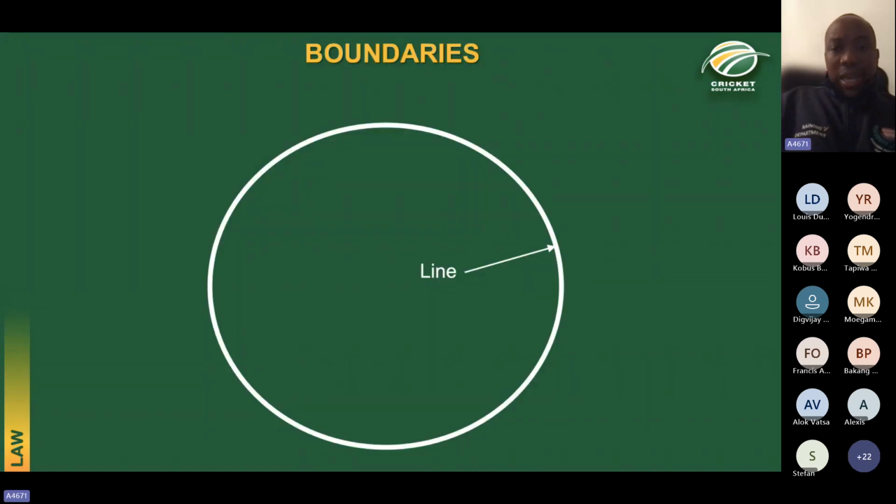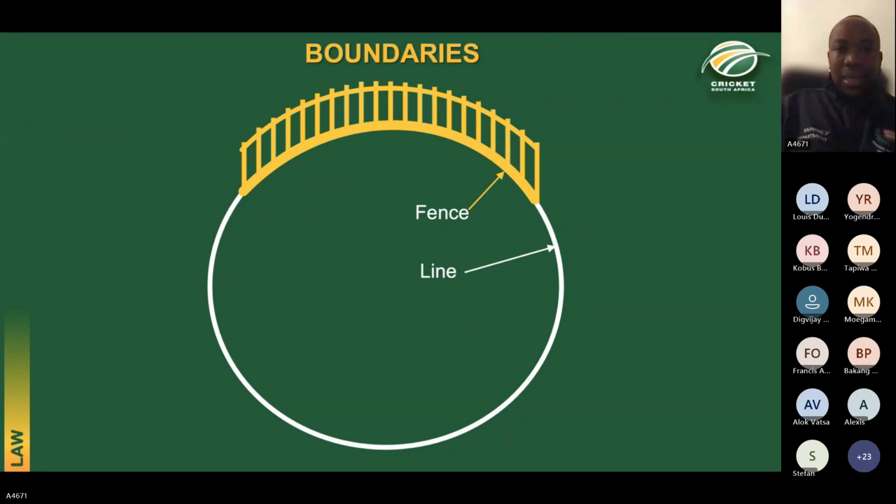Here we go. So as noted in the previous slide, the inside edge of the boundary line is the boundary. If we have a fence, then the fence should be along that boundary line, and the inside edge of that fence is the boundary.